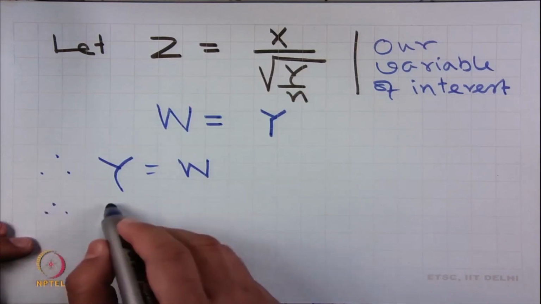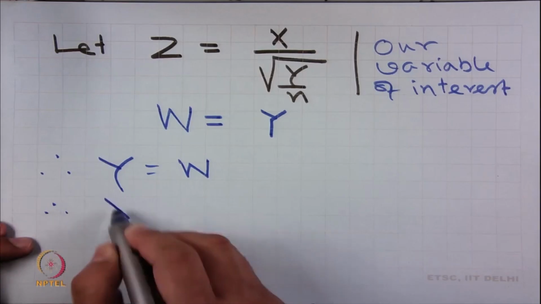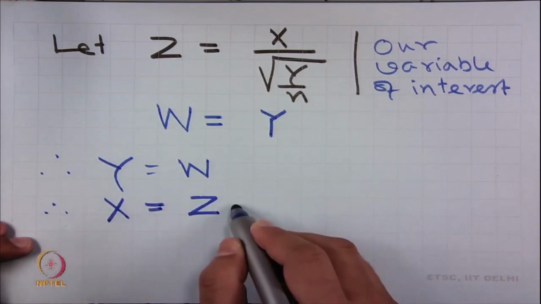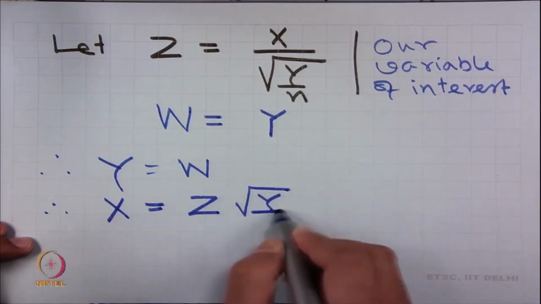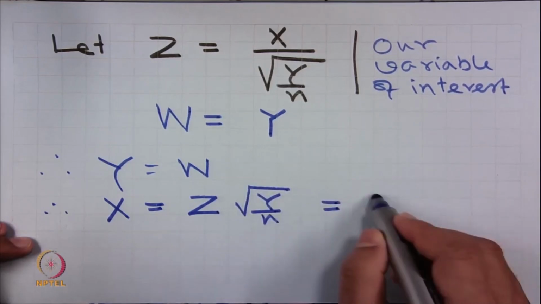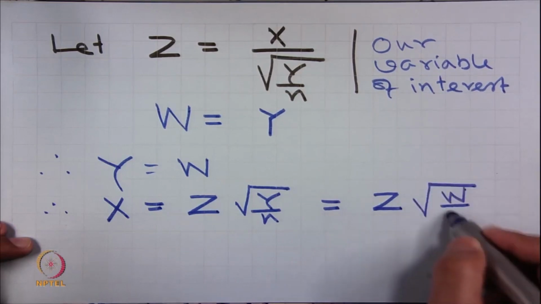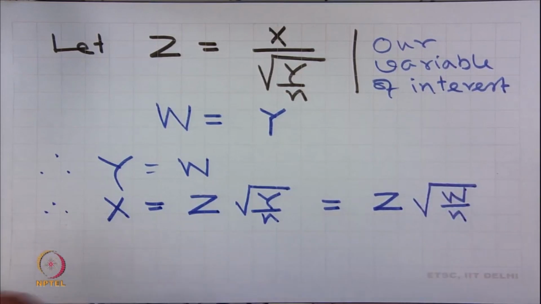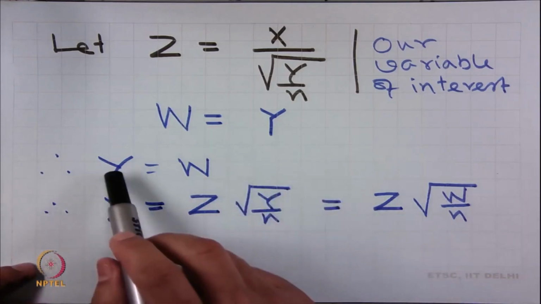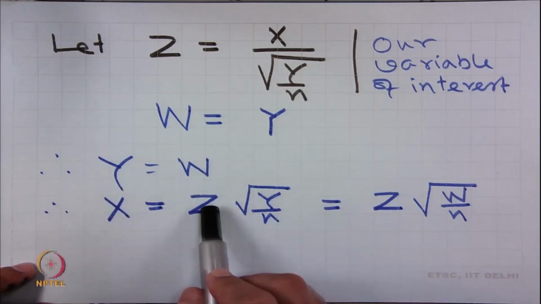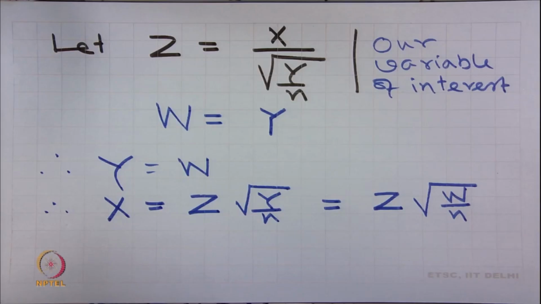Therefore, x is equal to z into root over y by n, which is equal to z into root over w by n. Therefore, given z w, we can uniquely determine x and y and vice versa.